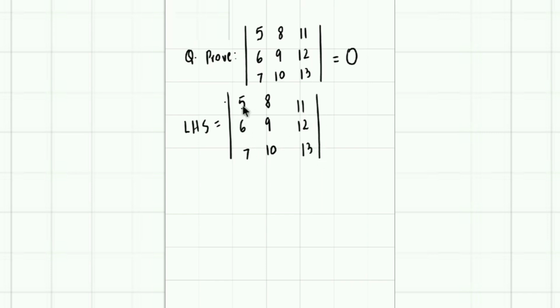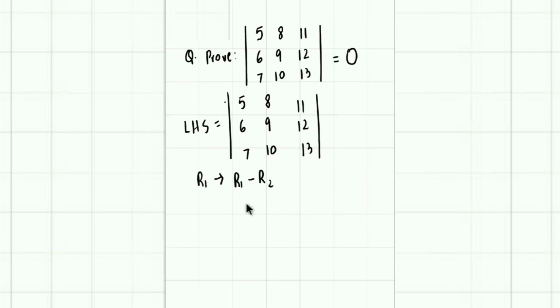Now if you observe, the difference between the elements of the first row and the second row is 1. So difference between 5 and 6, 8 and 9, 11 and 12 is 1. So the first step which we could do is we could subtract R1 and R2.